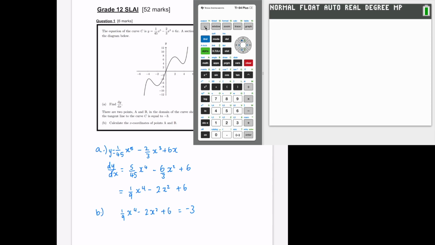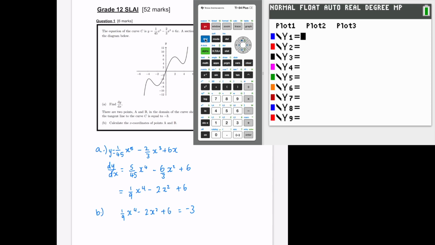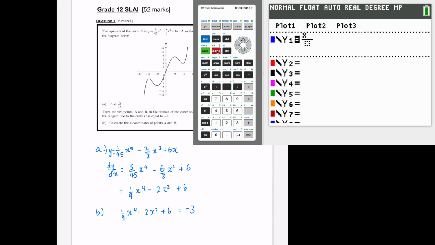So if I go to my calculator, my laptop is very slow here.